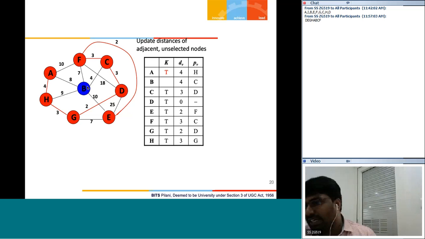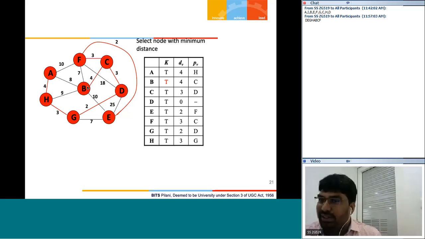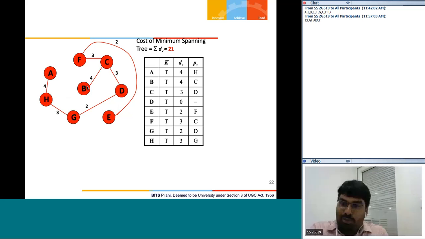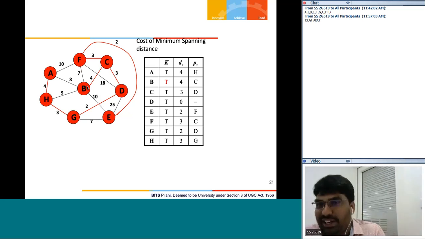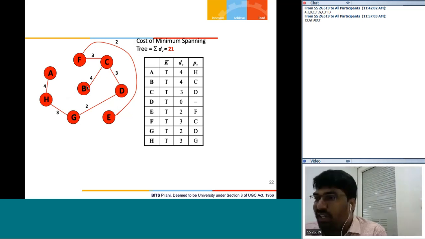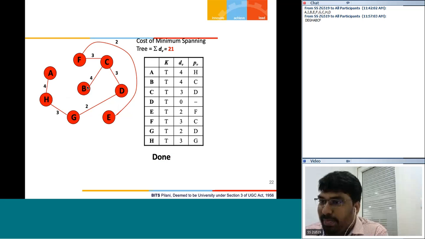Now, is this the minimal spanning tree? Here what I did is I have removed all other edges. Now are all the vertices connected or not? Here I just said D is the root node. You can start this example with B, you can start with C, anything.